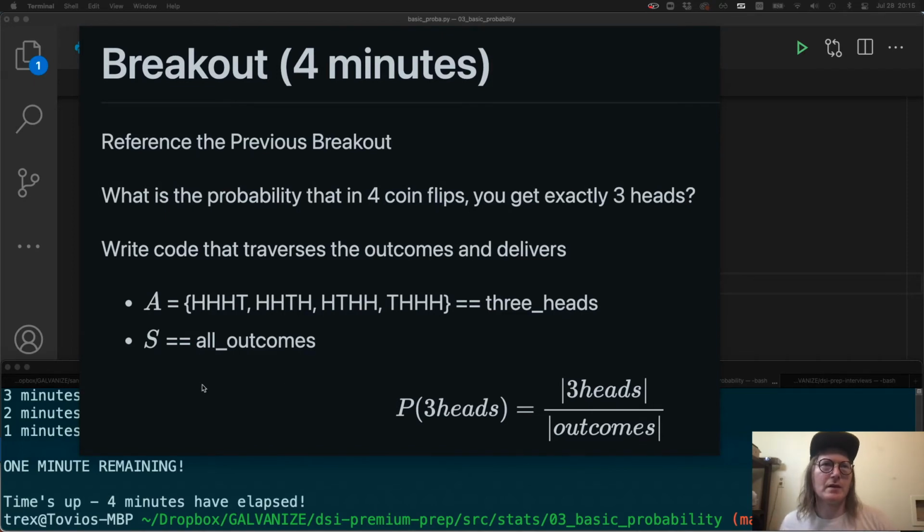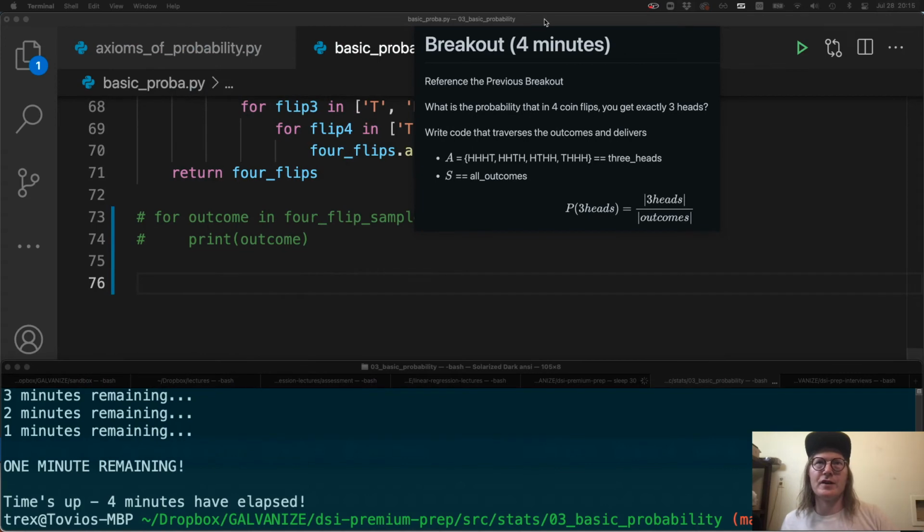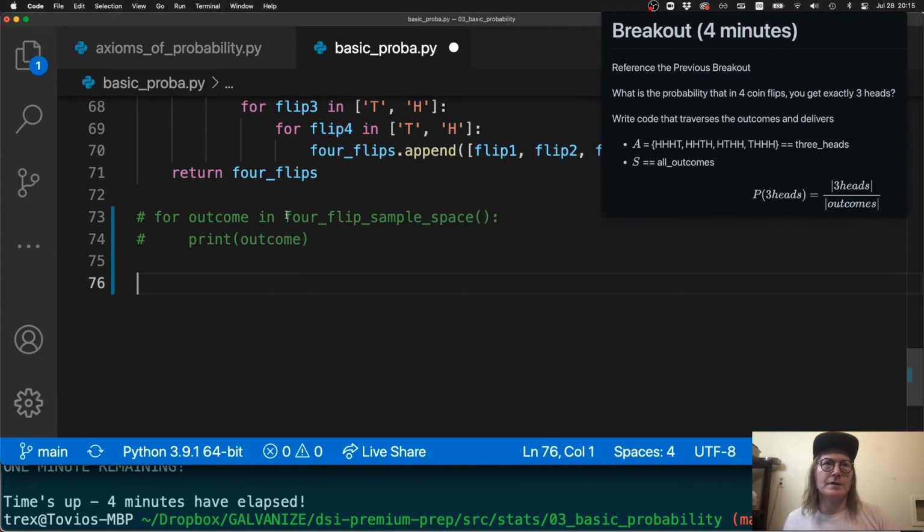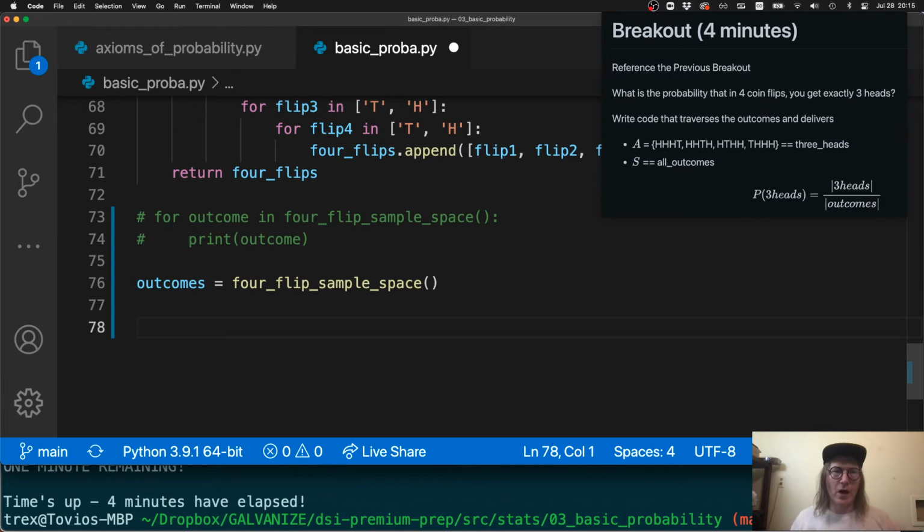Okay, let's solve this. This looks a lot like things that we've already done. And, you know, just trying to sort of hammer this in. So let's call this outcomes. And we've got the outcomes from the 4-flip sample space. I can just collect these. So 3 heads.